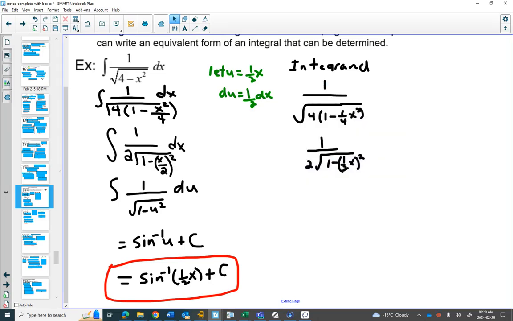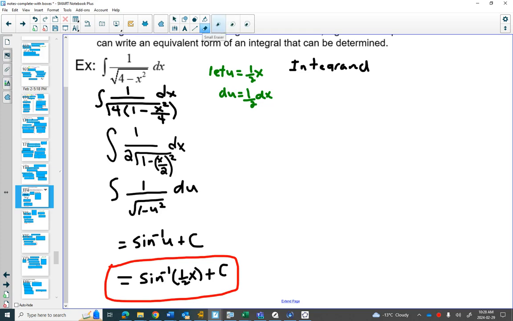Now there's the work. So in these advanced methods, what we're looking for is what does it match up with? How would I or could I factor or manipulate to make it work?